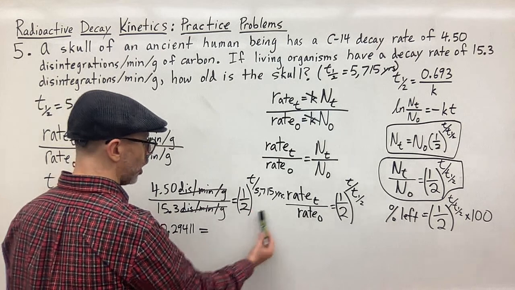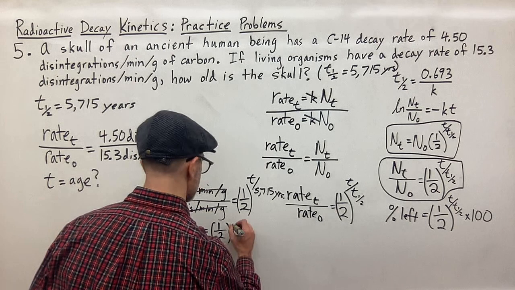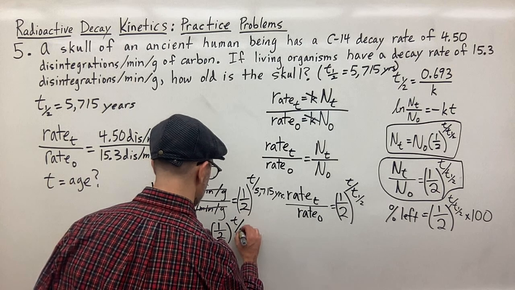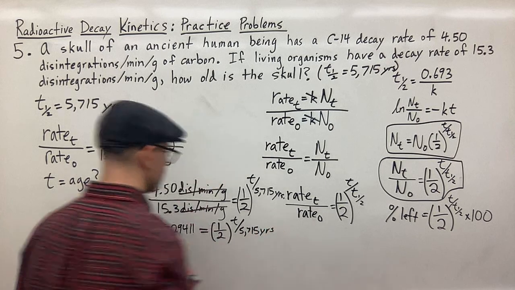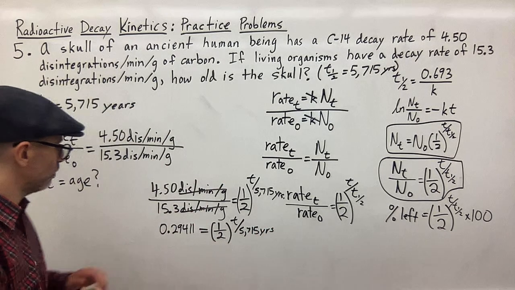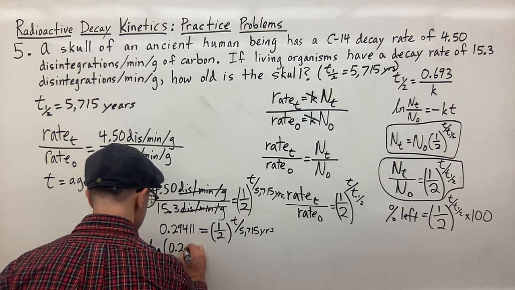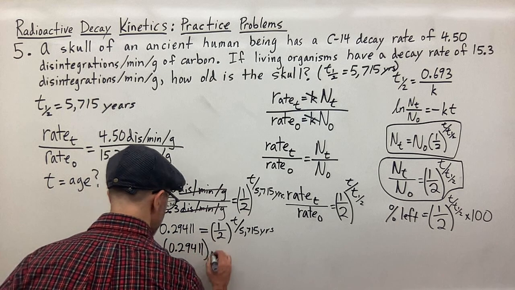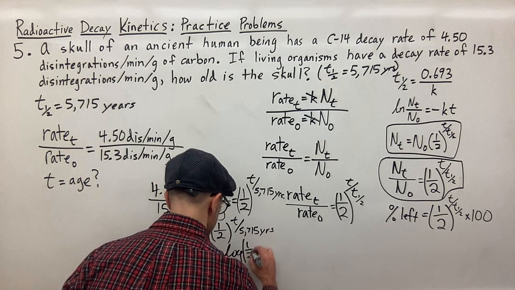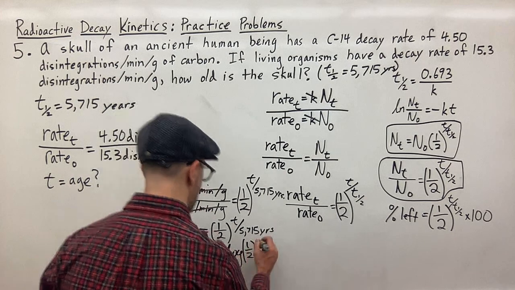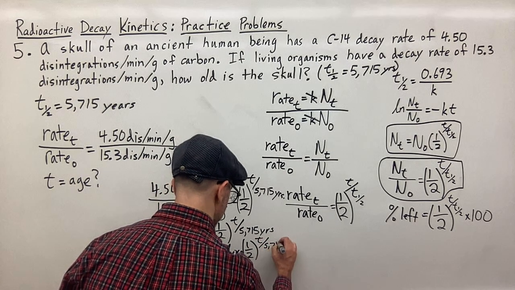Now we can take the log of this. Now we take the log of both sides. So we'll take the log of 0.29411 is equal to the log of 1/2 raised to that power, which is t over 5,715.